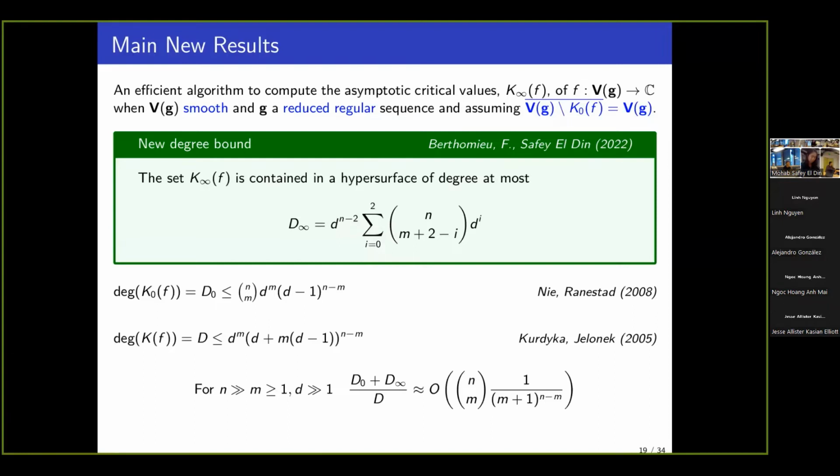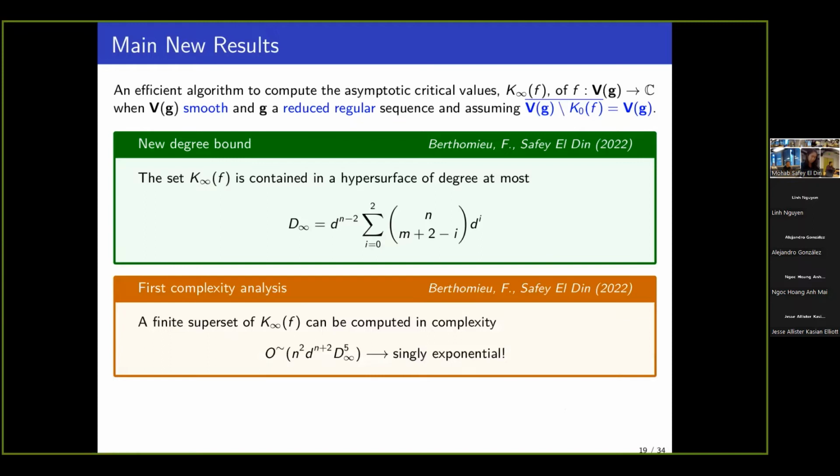To compare these three bounds, you add the bound on the critical values to our bound on the asymptotic critical values and compare that to the bound on the generalized critical values. So we can see that we get this asymptotic improvement here. Our bound is a significant improvement outside of some small systems, in particular outside of the global case, which you'll see a bit later.